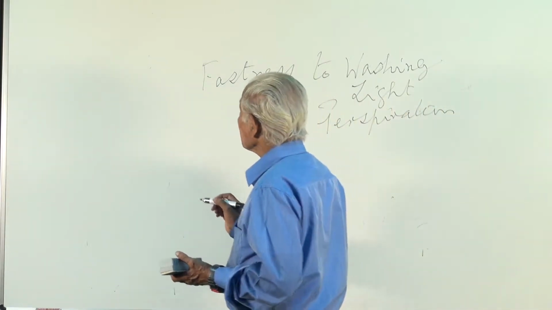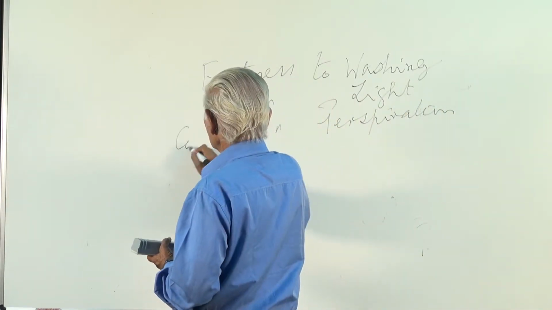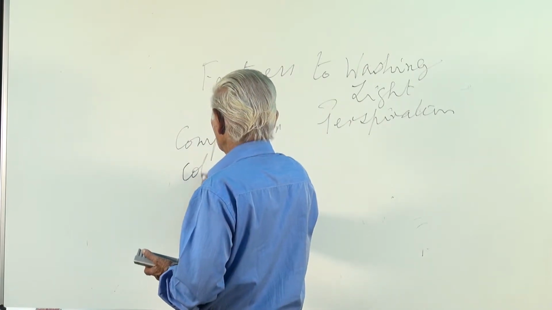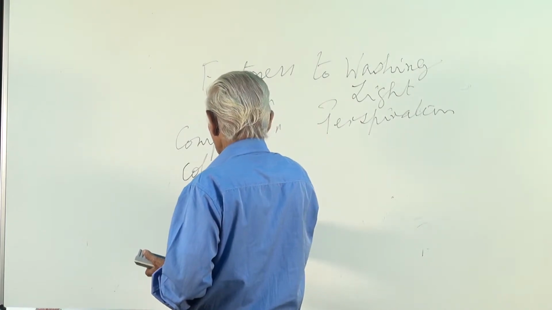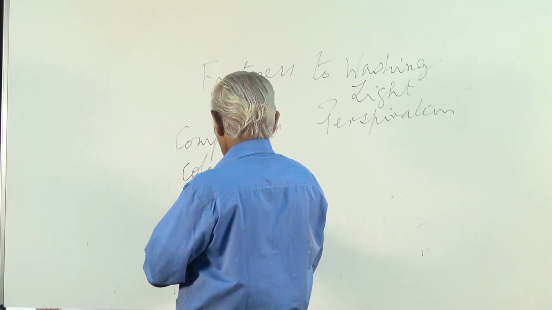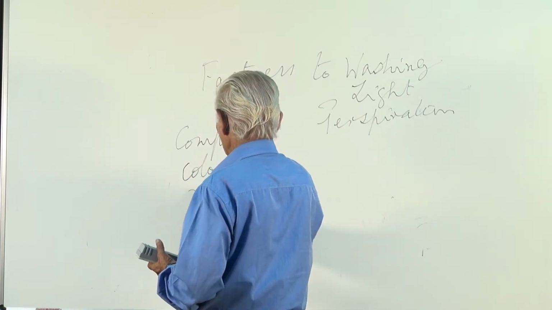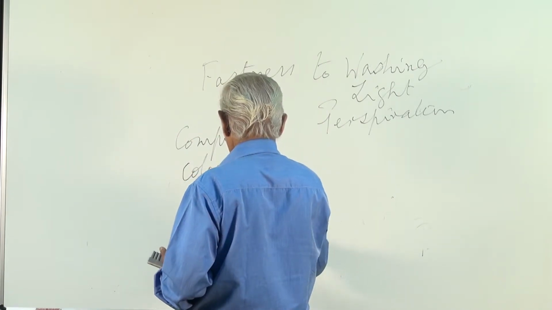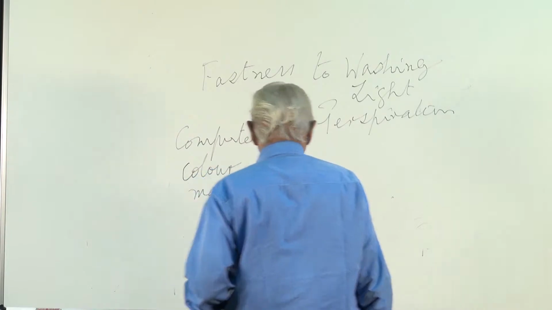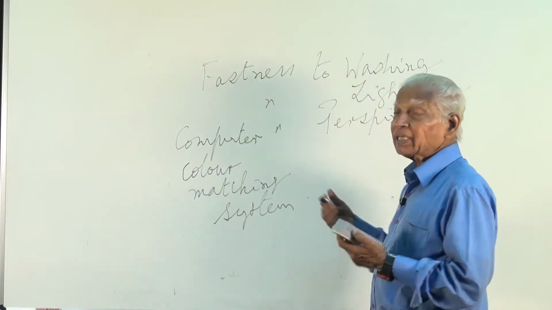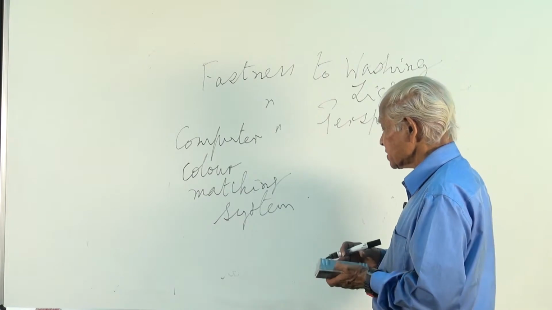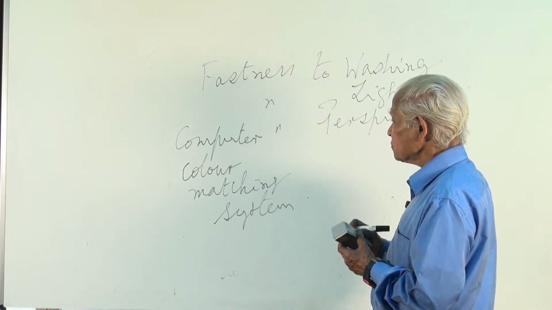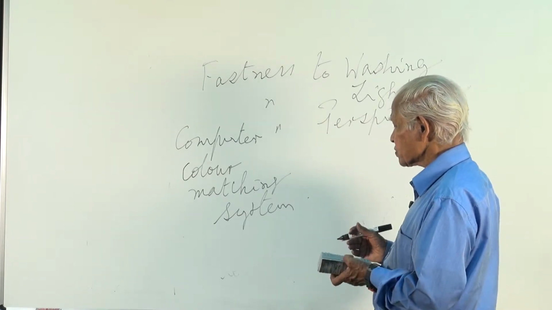And the computer color matching system finds a very good application in this. Computer color matching system helps us to find out the recipe for dyeing, and for quality control aspects like checking the fastness of the dyes and other things, and it is also used to calibrate some of the shades.